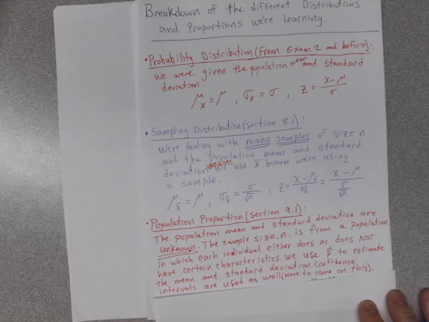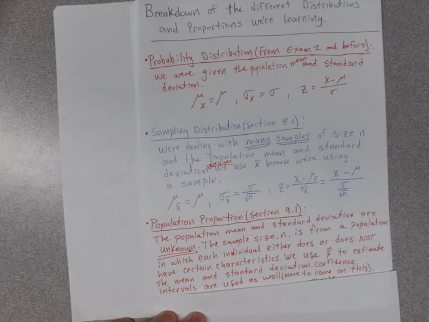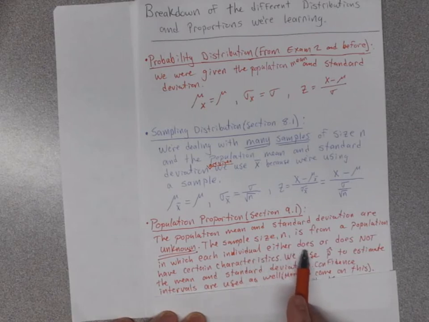All right, so the population mean and standard deviation are unknown. What's going to happen in these problems is I'll say, out of these 1,000 students, X amount have this certain characteristic. The sample size n is from a population in which each individual either does or does not have a certain characteristic.